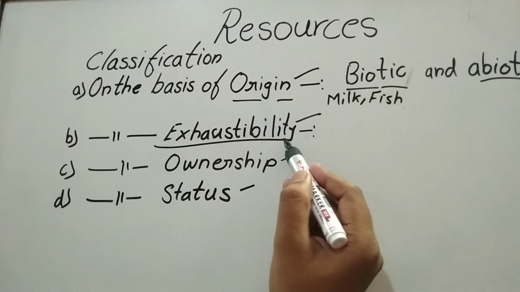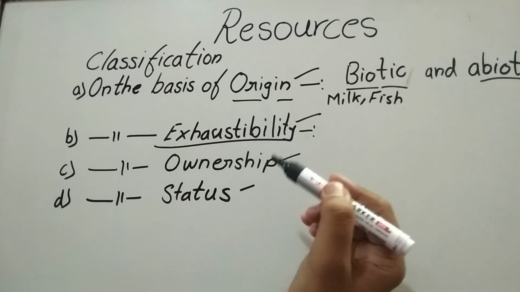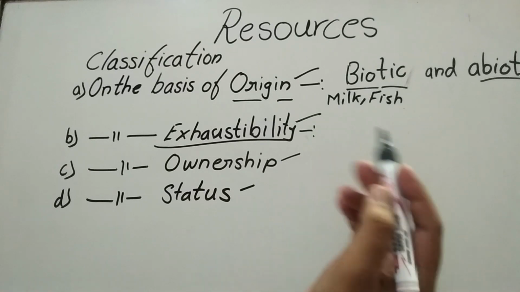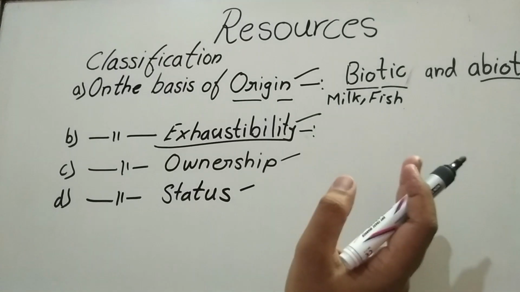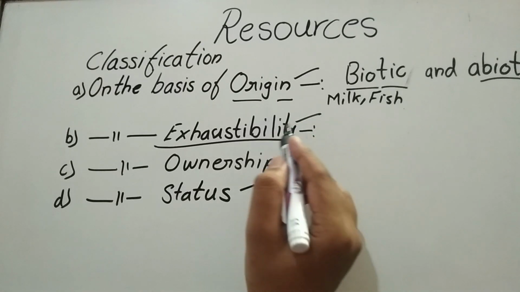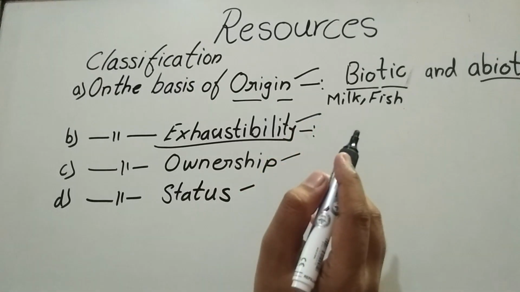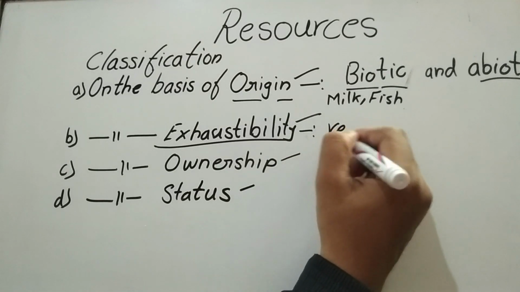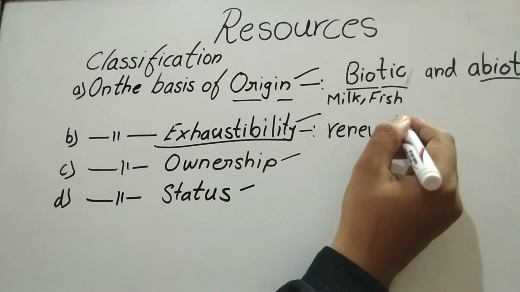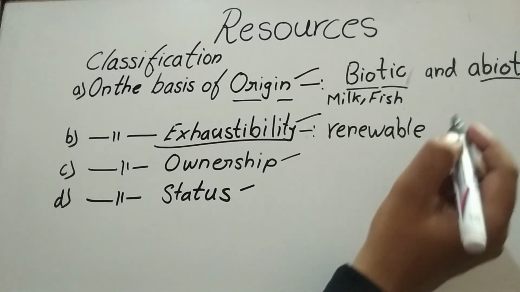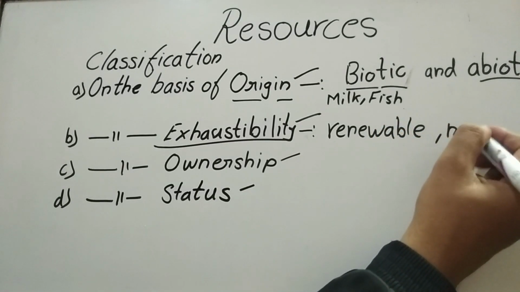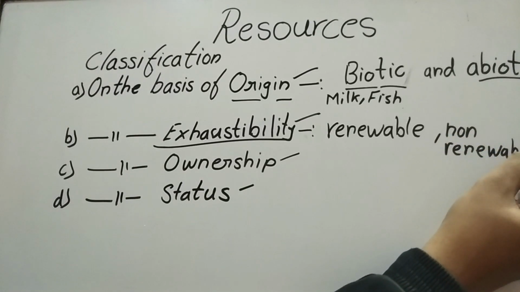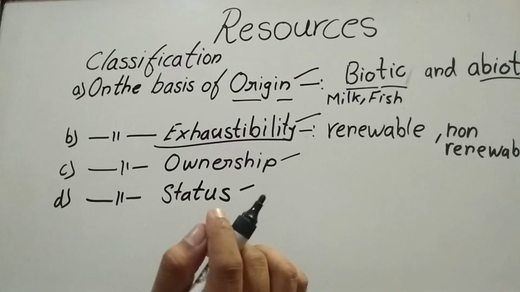Any resource which we are using, will it last long or will it finish? क्या फिनिश होगा या फिर ये हमेशा अनंत काल के लिए रहेगा? इसके ऊपर डिपेंड होता है exhaustibility. This exhaustibility is classified further under renewable and non-renewable.